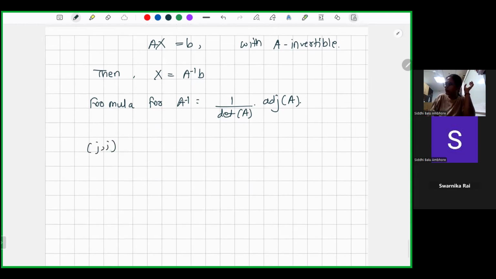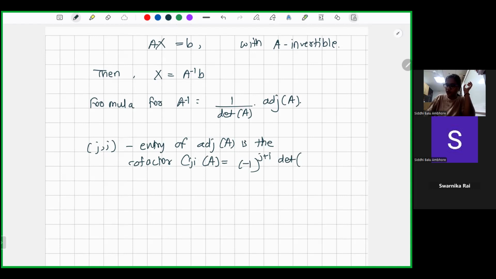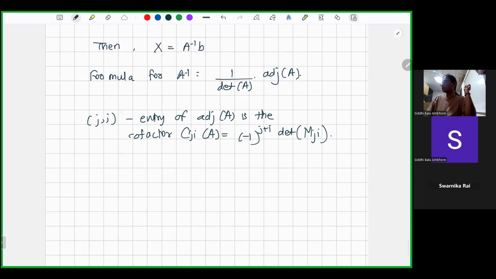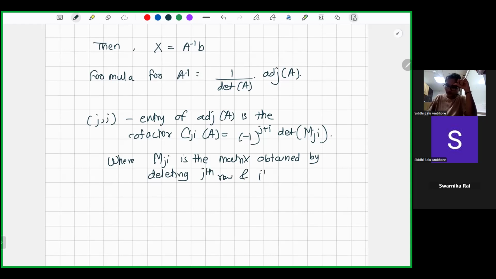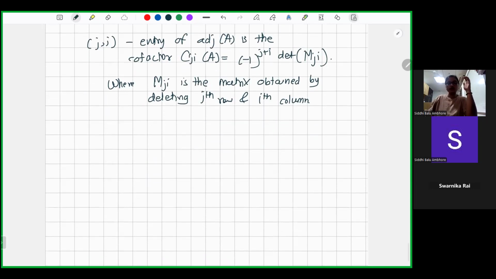Let me write: the jith entry of adjoint of A is the cofactor Cji of A, that is minus 1 power j plus i, determinant of Mji, where Mji is the matrix obtained by deleting the jth row and ith column. So that is my adjoint matrix.